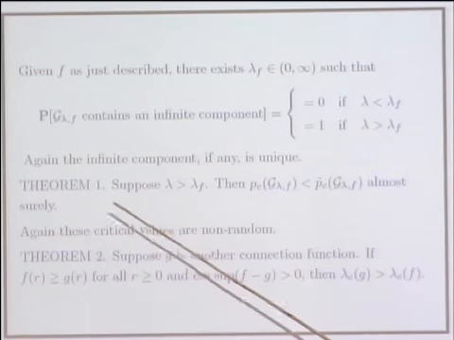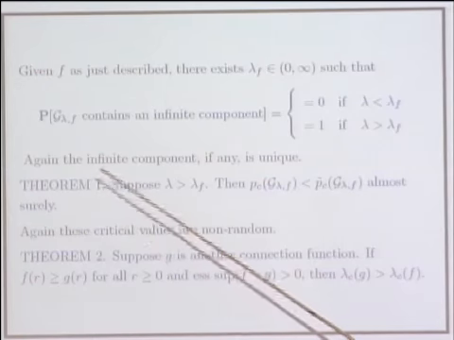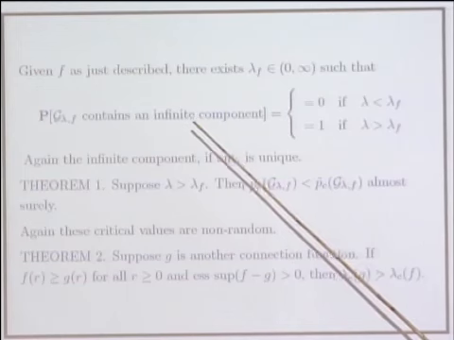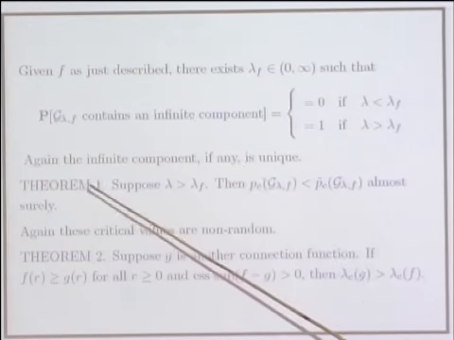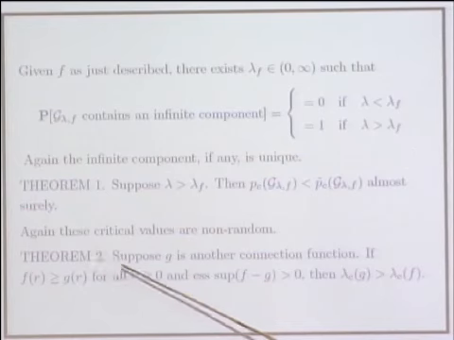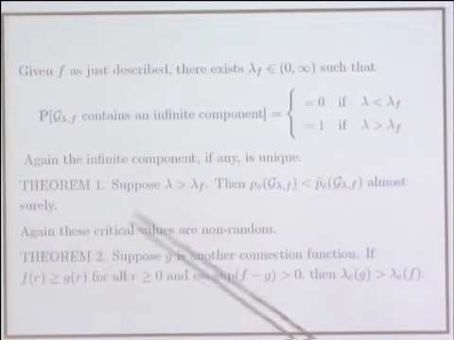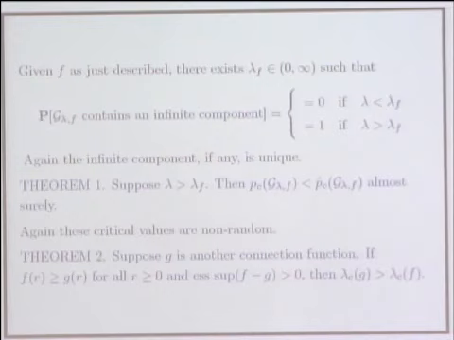Okay, so I'll say a bit about the proof of this later on. A quite closely related method of proof gives this further result, which says that if you've got two connection functions f and g, and f dominates g somehow, it might be that this is connection function f, and g is just f multiplied by a constant less than 1, so maybe that's the connection function f and that's the connection function g.